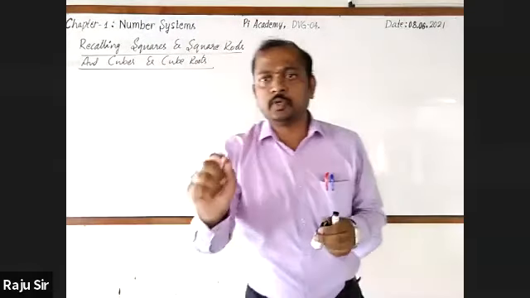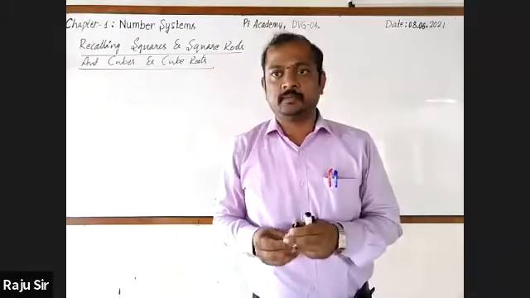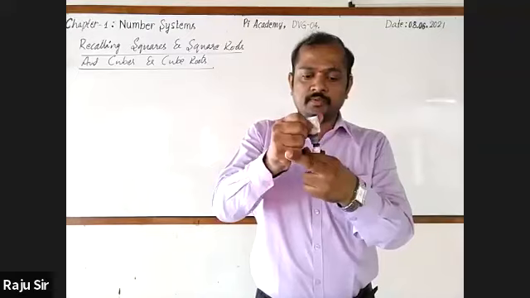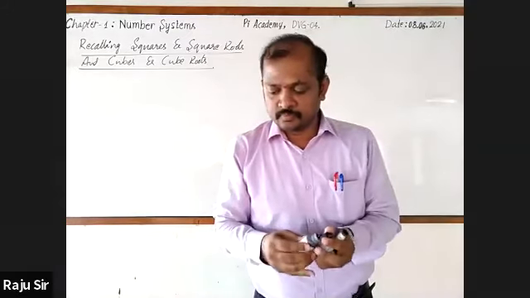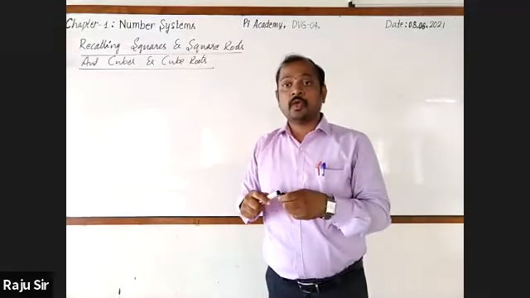Now, I am going to give you squares of the numbers from 1 to 20 only. So you have to make two columns. First column is for squares. Second column for square roots.